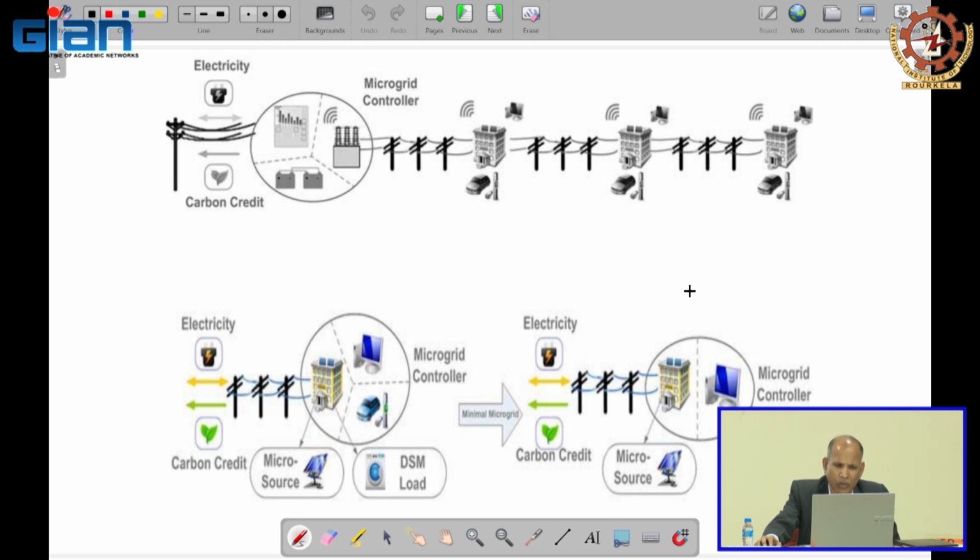And as you have seen in the case of microgrid renewables, if it is connected to the grid, power can be drawn from the grid or power can be fed back into the grid through these power electronic converters. So you can see this another representation of the microgrid.